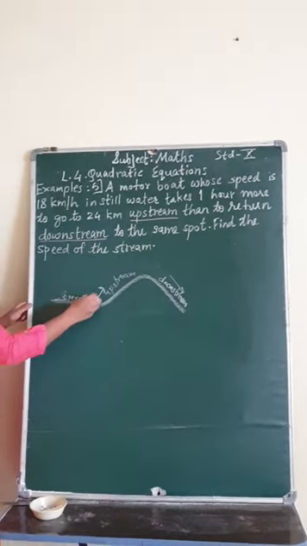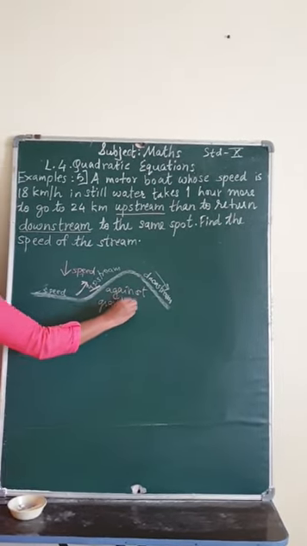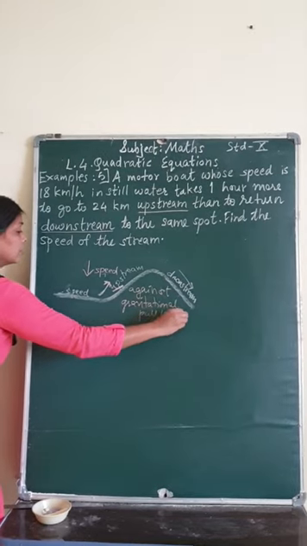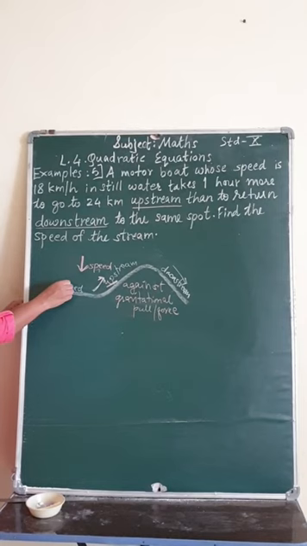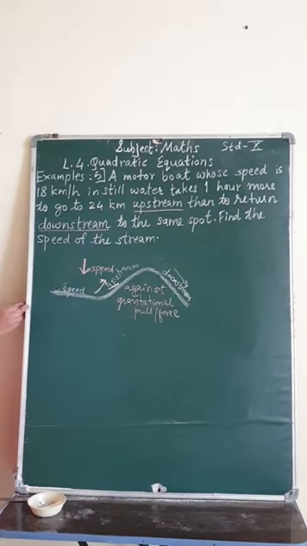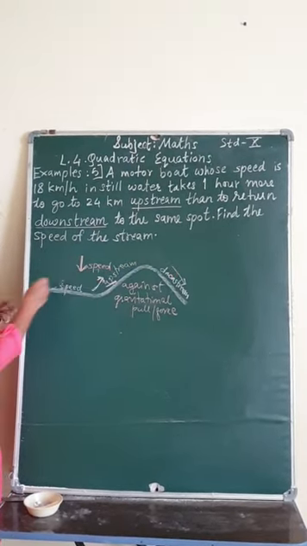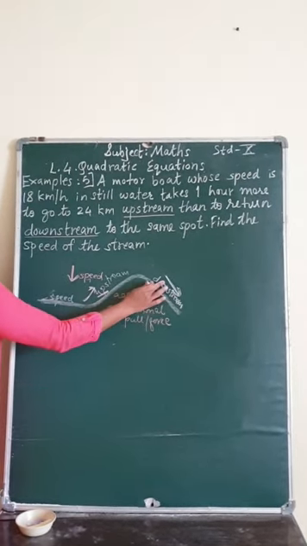It is against the gravitational pull or gravitational force, and that's why your speed is decreasing compared to the speed on the ground. If you are moving down, that's called downstream.